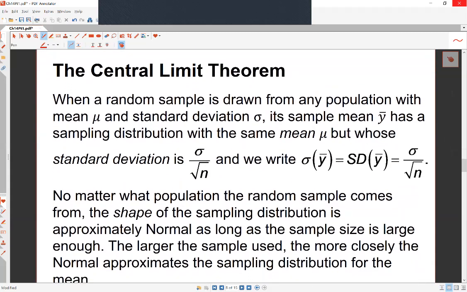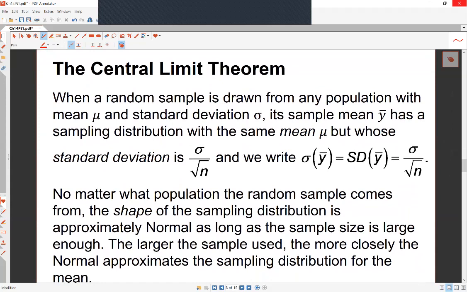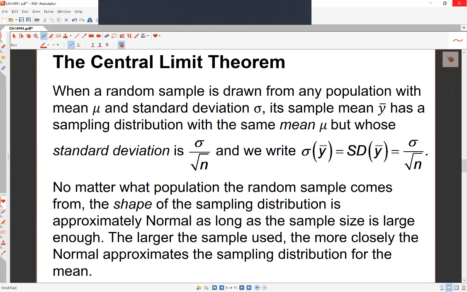Now, what the central limit theorem tells us, if we state it more formally, I know there's a lot of text to go through on this slide.